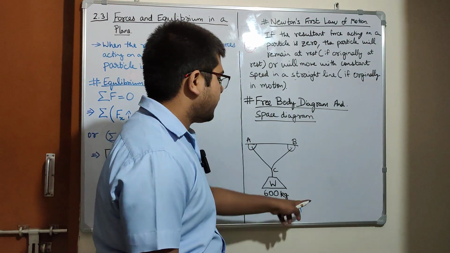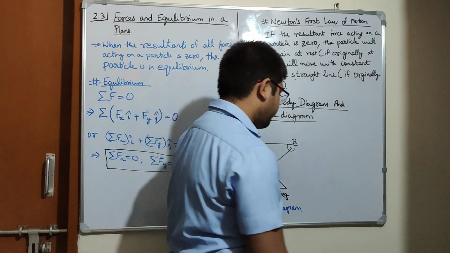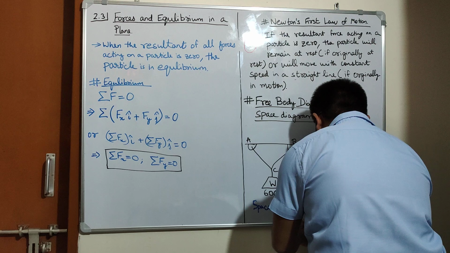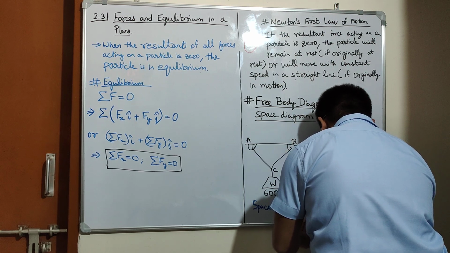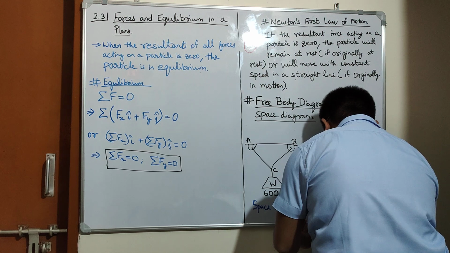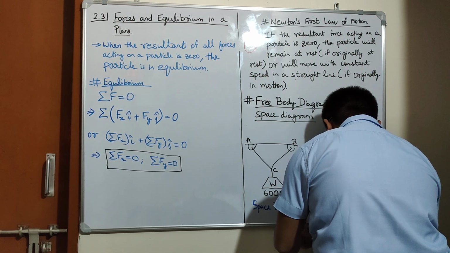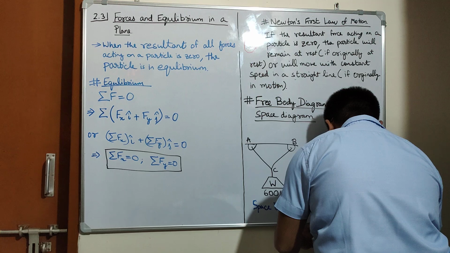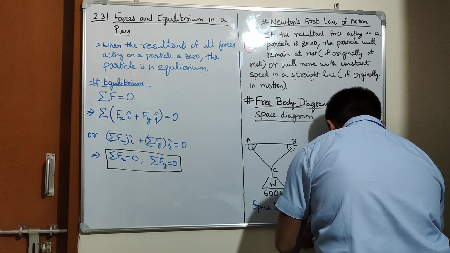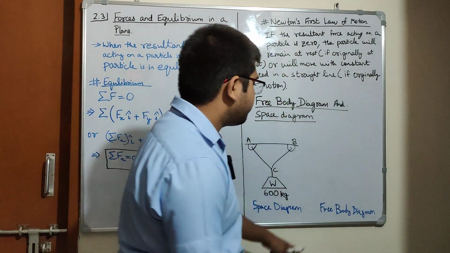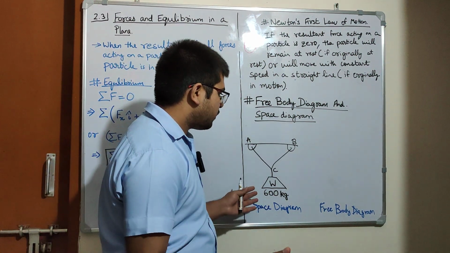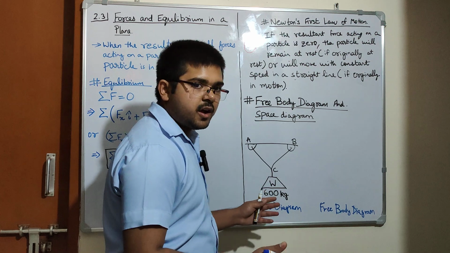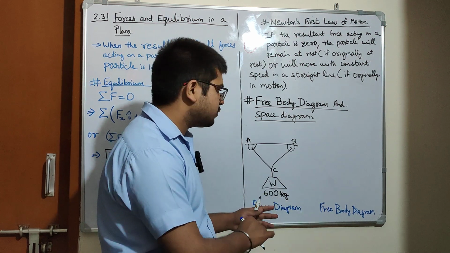But in a free body diagram, which I will be drawing here, we free the body of all of the components. We just are interested in the particle and the forces.